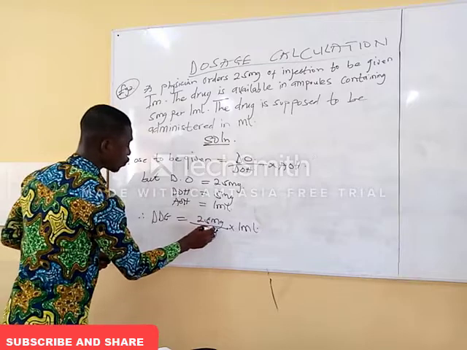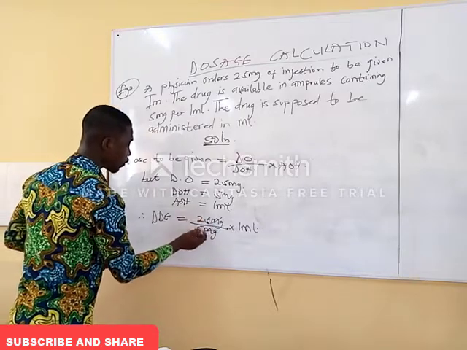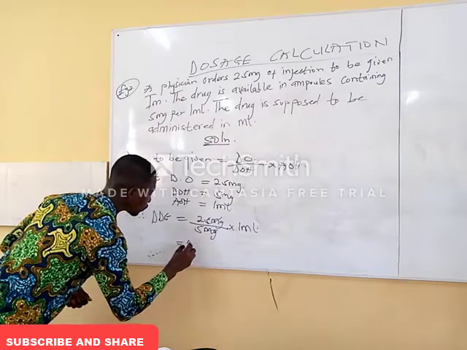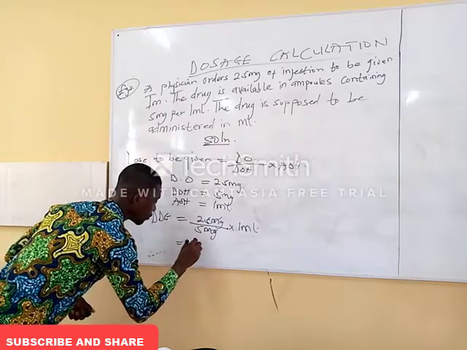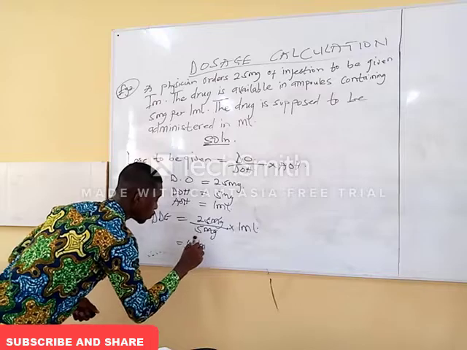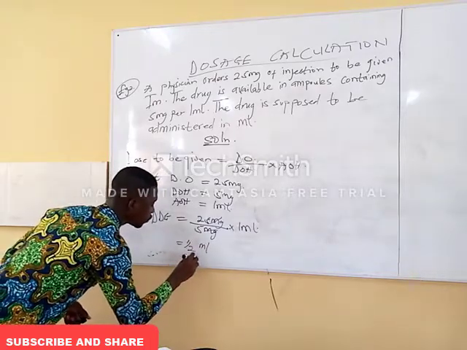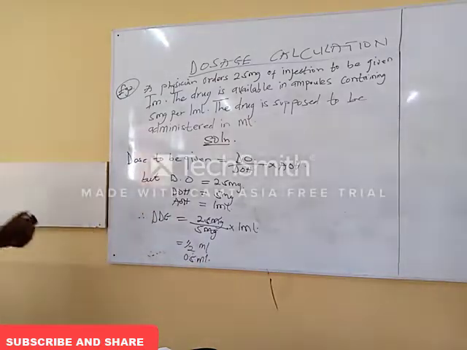So this one will cancel this, and 2.5 out of this will give us half ml, or 0.5 mils.